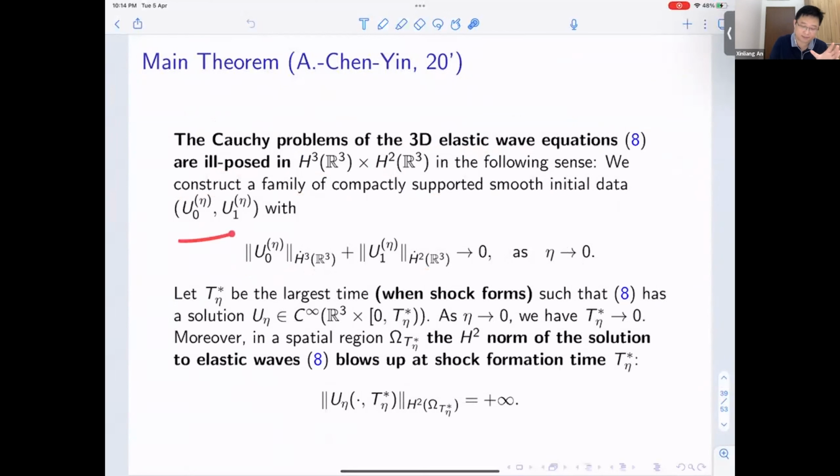As eta goes to 0, the size of the initial data goes to 0, but each of the initial data is associated with shock formation, and the shock formation time as eta goes to 0 also goes to 0. So there will be instantaneous shock formation, and moreover we can also prove that the H^2 norm of the solution will instantaneously blow up. This is for the elastic wave.